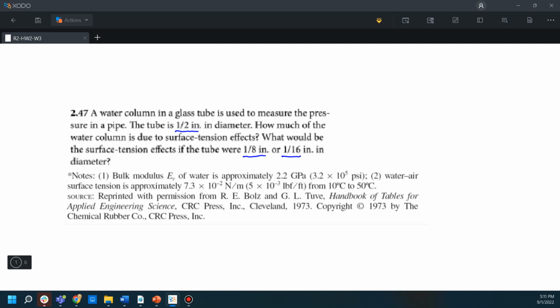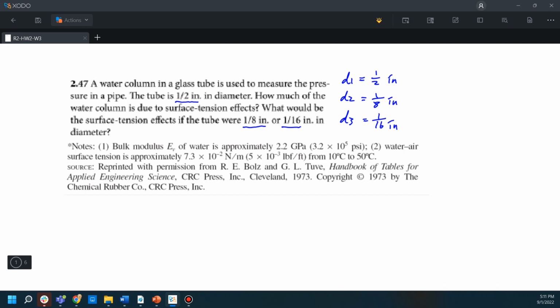So I will denote those diameters as D1 equal to 1/2 inch, D2 equal to 1/8 inch, and D3 is 1/16 inch.